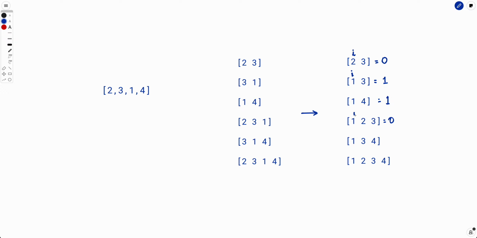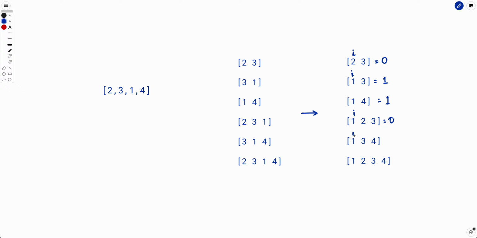There are two possible I's here, right? This and this. For this I, the difference between array I plus 1 and array I is 1, which is not greater than 1. And similarly, the difference for the other I is also 1. So both of these will not contribute to the imbalance number, and hence the imbalance number here is 0.